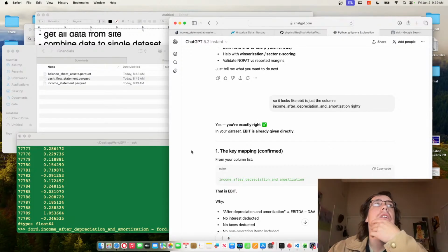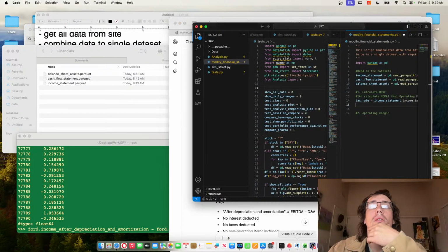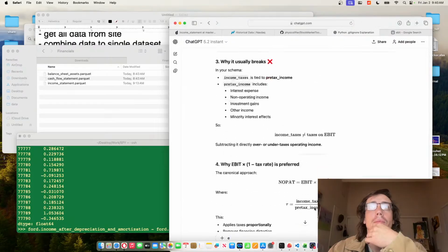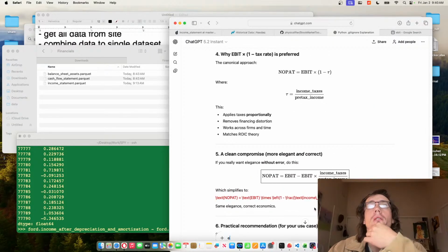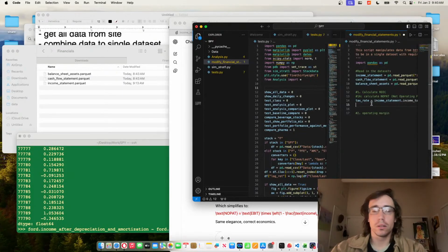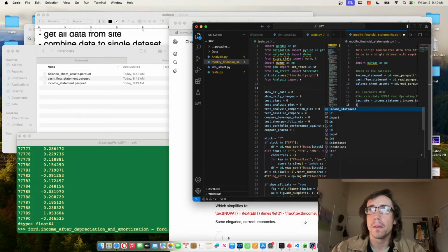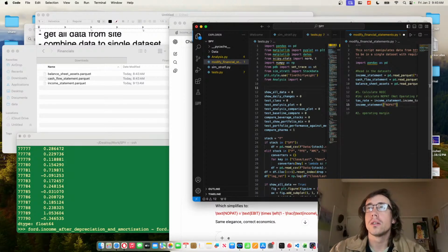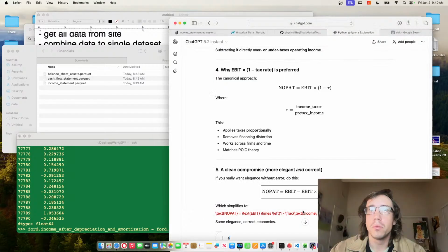Income after depreciation and amortization. No PAT. Okay. So tax. Income statement of no PAT. EBIT times 1 minus tax rate.